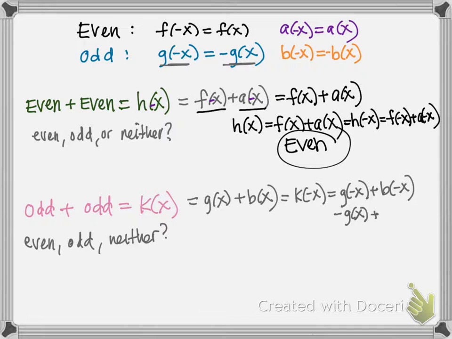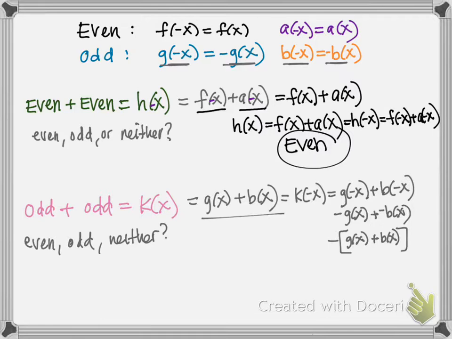And then b of negative x, right here, is the same thing as negative b of x. Since both of these have negatives, I could factor out the negative from both of these functions, so I would have a negative on the outside. So when I plugged in a negative x, I got the opposite of the original function.